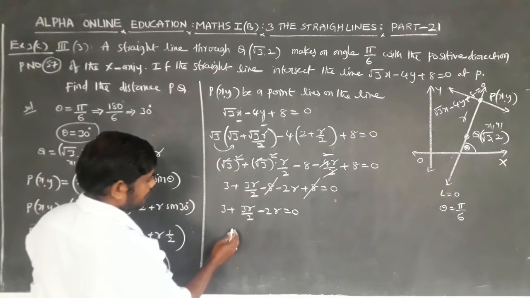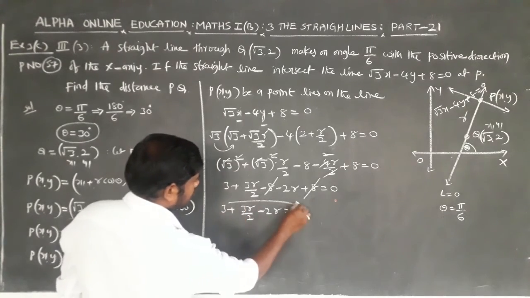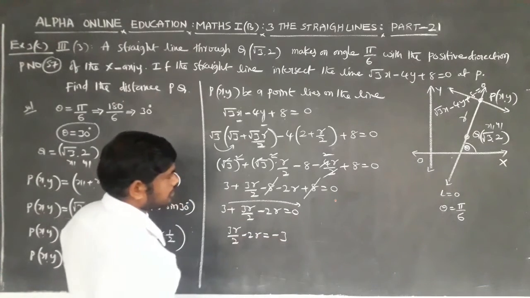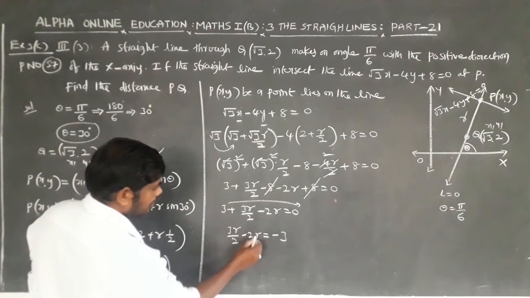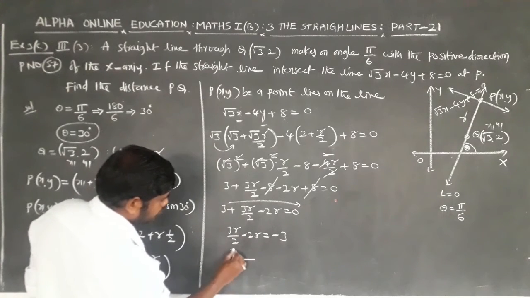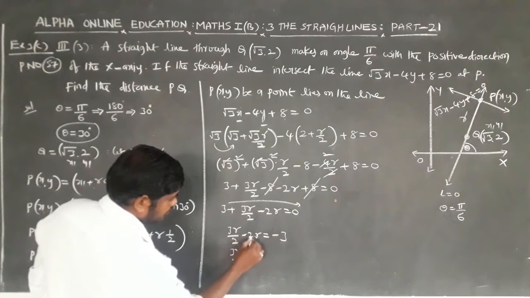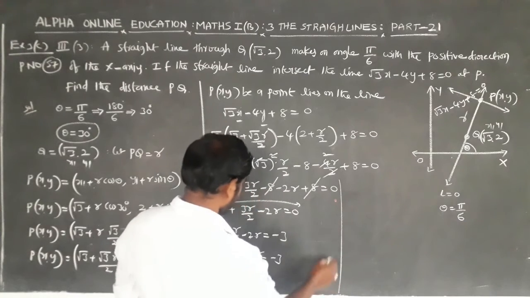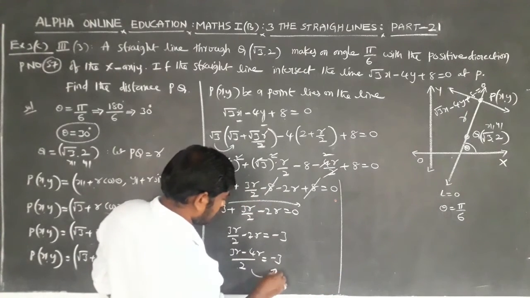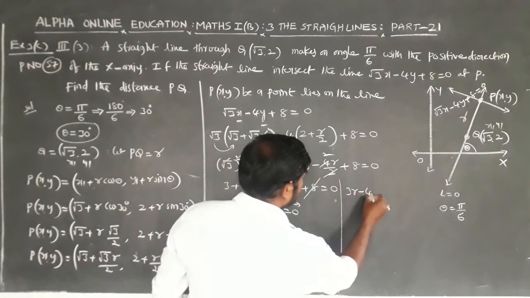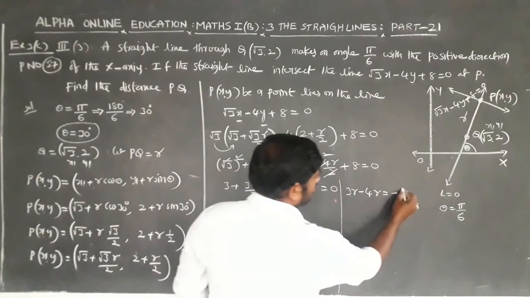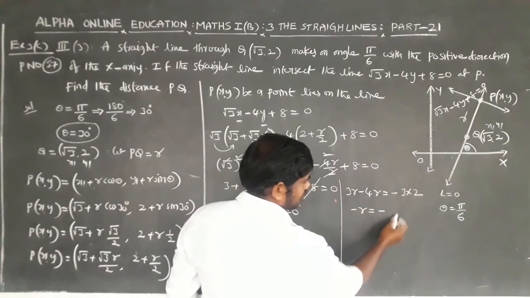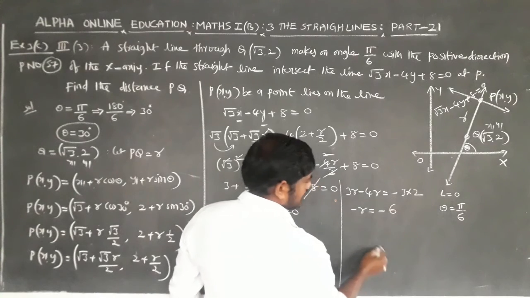Again simplifying, taking 3 to the right side, 3R by 2 minus 2R is equal to minus 3. Taking LCM 2: 3R minus 2 twos are 4R, is equal to minus 3, so 3R minus 4R is equal to minus 3 into 2. 3R minus 4R is minus R, and minus 3 twos are minus 6.